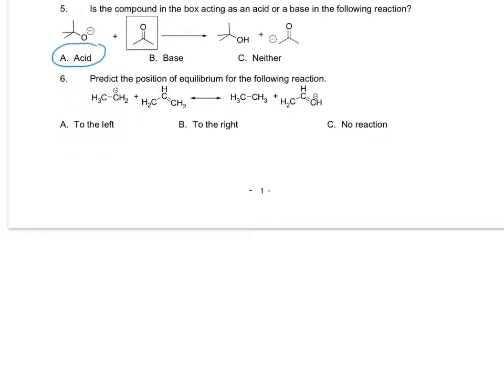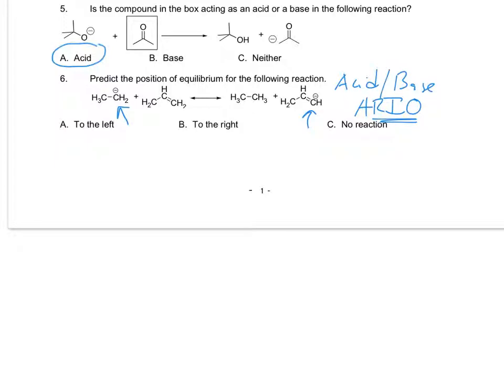Predict the position of equilibrium for this reaction. Here we need to remember acid-base, perhaps ARIO out of the Klein textbook would be a good strategy here. We think about the atoms, and there is a C- versus a C-. There's no difference in atoms.